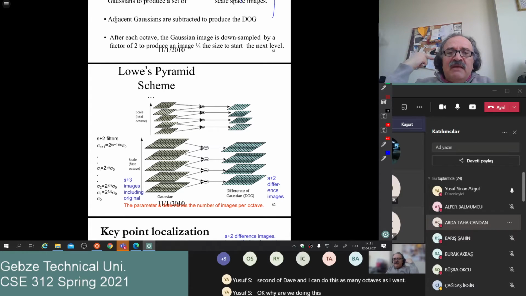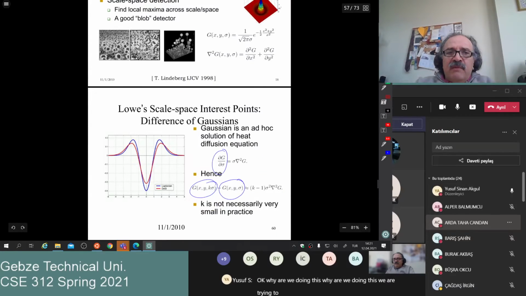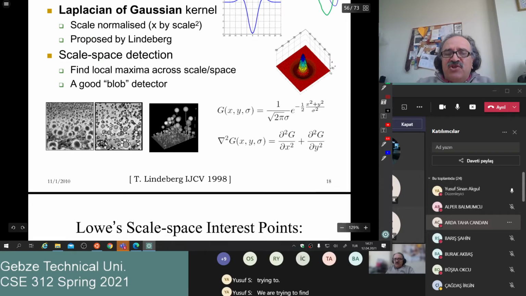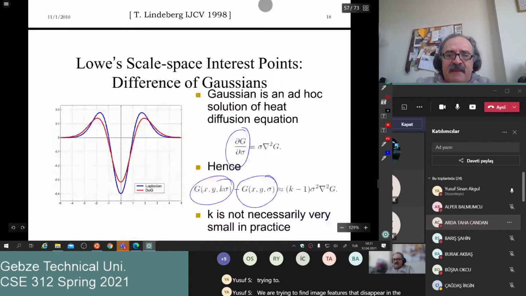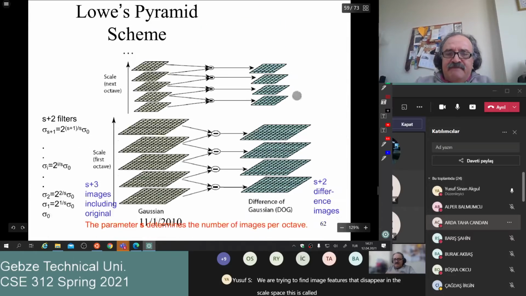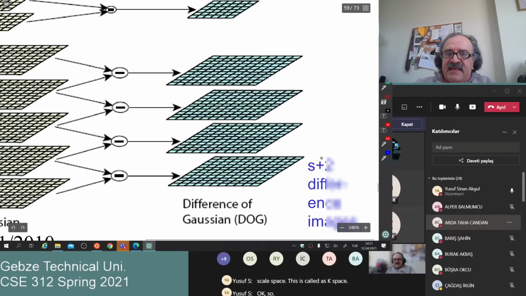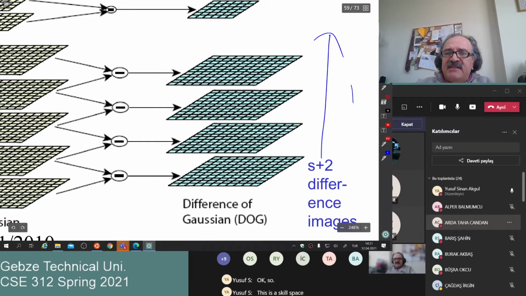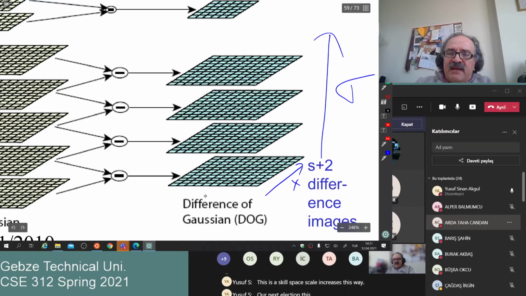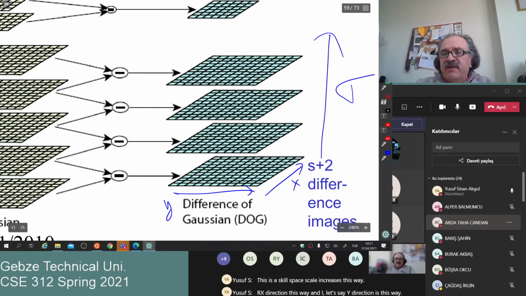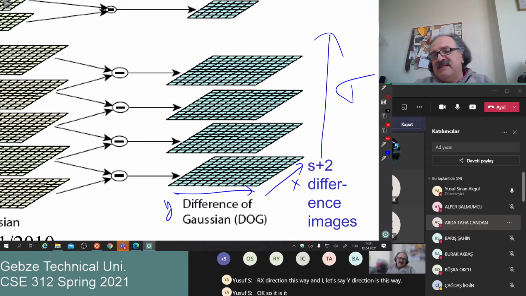We are trying to find image features that disappear in the scale space. This is called a scale space. Scale increases this way, our x direction this way, and let's say our y direction is this way. So it is a three-dimensional space.